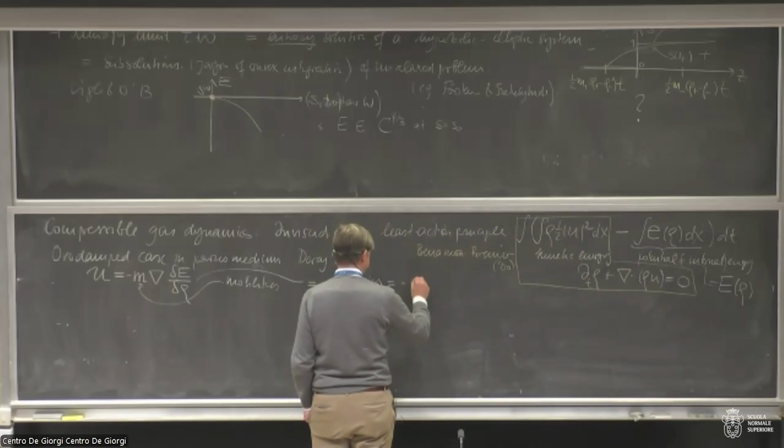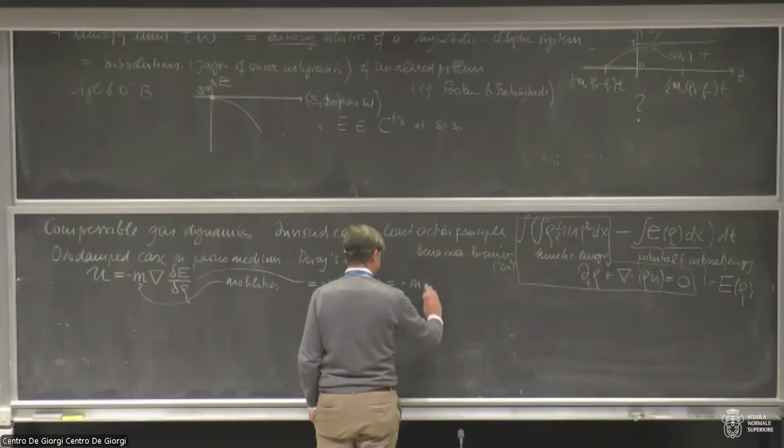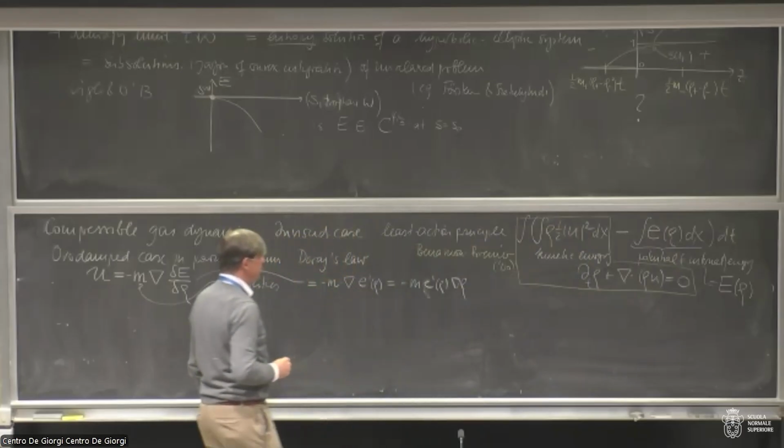And that's equal to minus m E double prime of rho times rho grad rho.